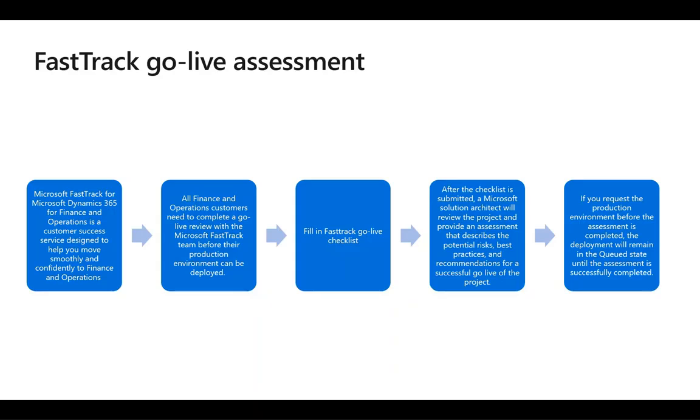If we request the production environment before the assessment is completed, the deployment will remain in the queued state until the assessment is successfully completed. We can cancel an environment deployment request while it is in a queued state by following these steps.